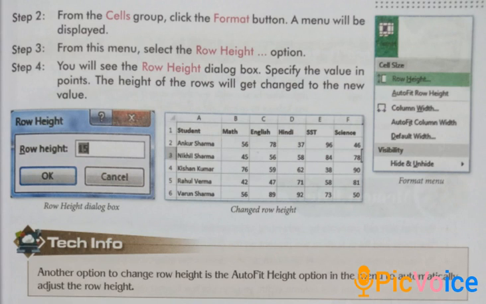From this menu, select the row height option. Step 4. You will see the row height dialog box. Specify the value in points. The height of the rows will get changed to the new value.